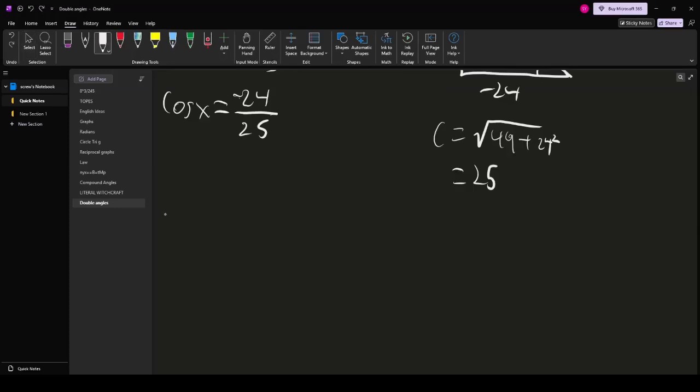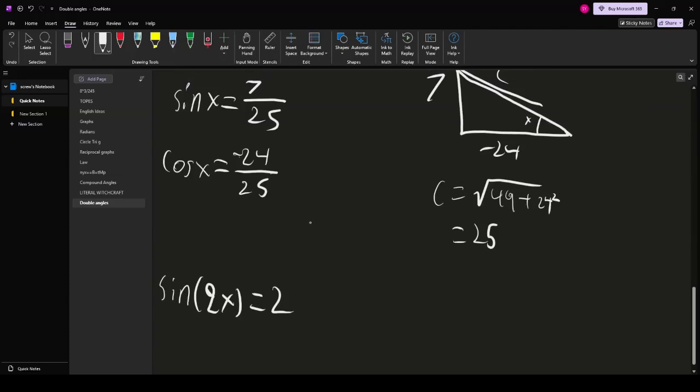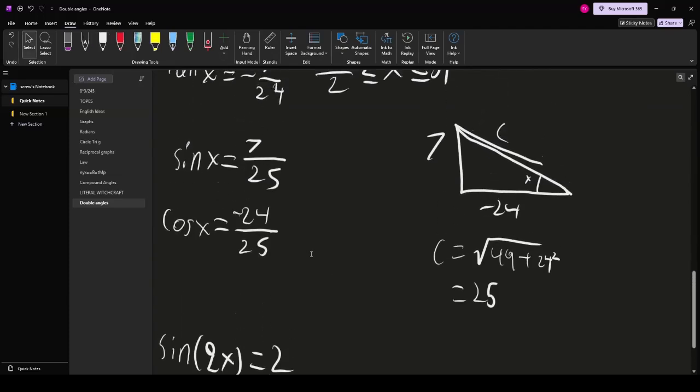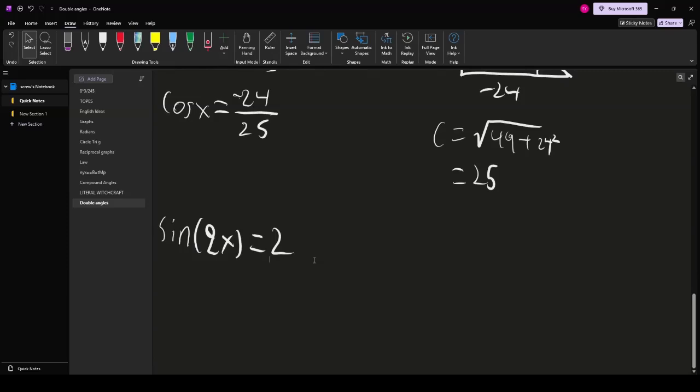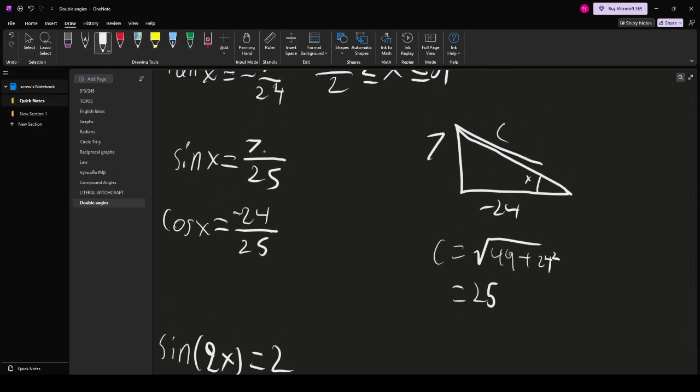Let's start off with sine 2x. The formula is 2 times sine x times cos x. That's why we needed to find the primary ratios.